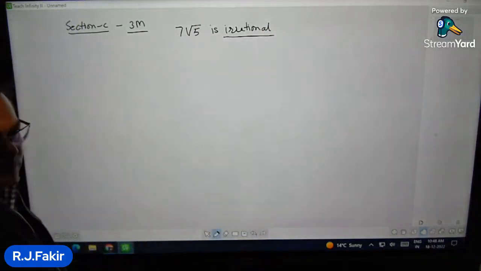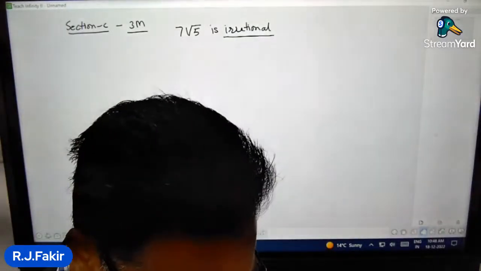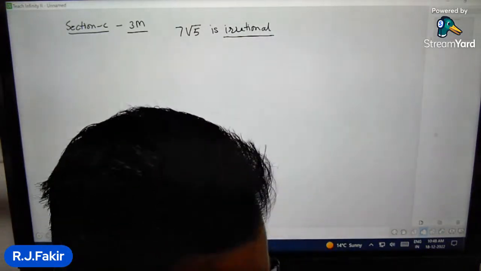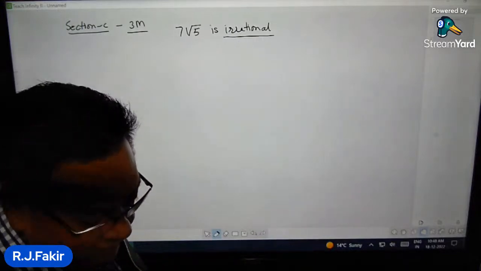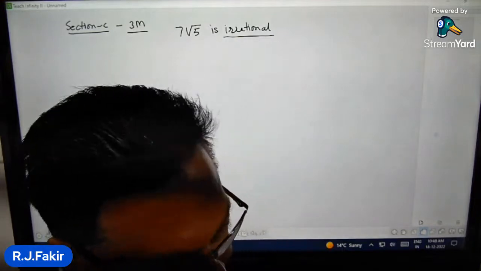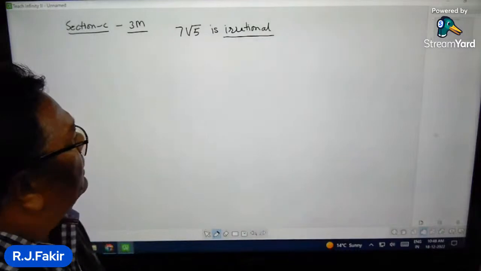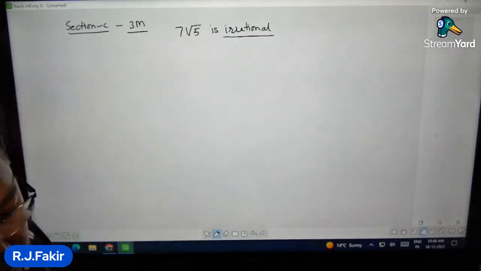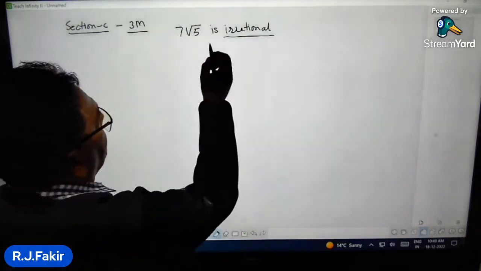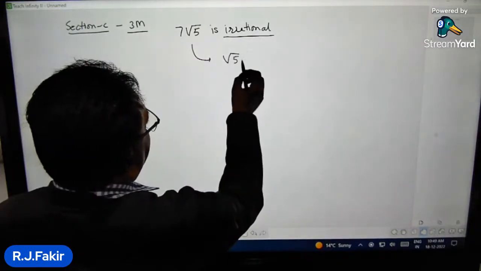Generally, the mistake we make is that we take root 5 as irrational, but here it is not given. The question simply says prove that 7 root 5 is an irrational number. So don't take a risk in solving such questions when it is for 3 marks or more. First, you know the method of proving root 5 is irrational.